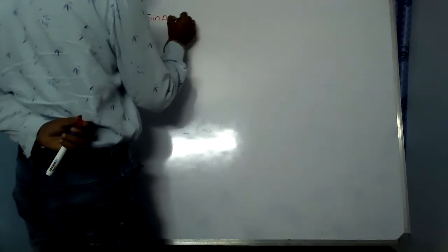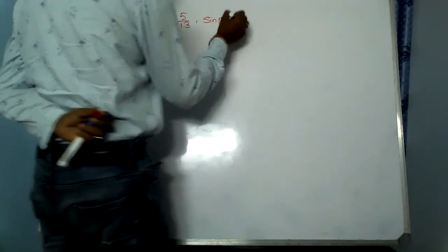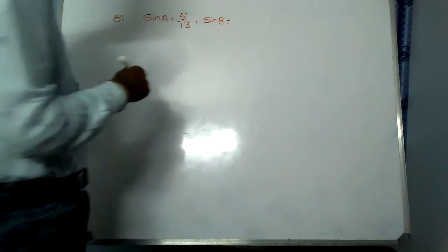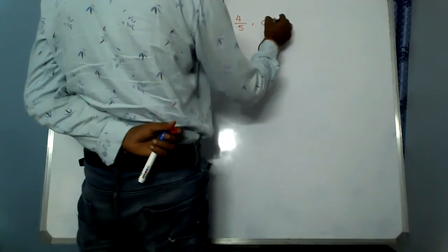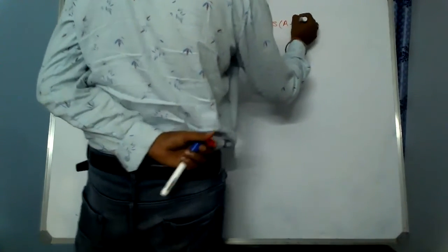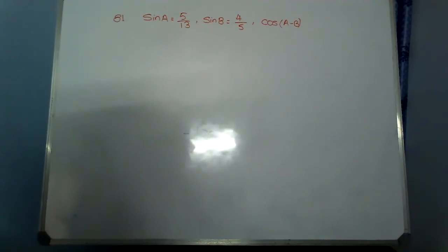Okay, so they have given you sine A equal to 5 divided by 13. They have given you sine B as 4 by 5, and they want you to find out cos A minus B. Okay, so here you might be knowing the formula for cos A minus B, right?